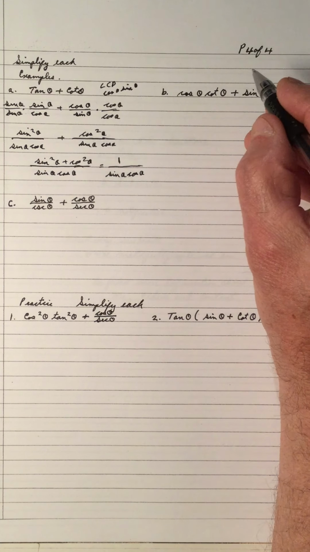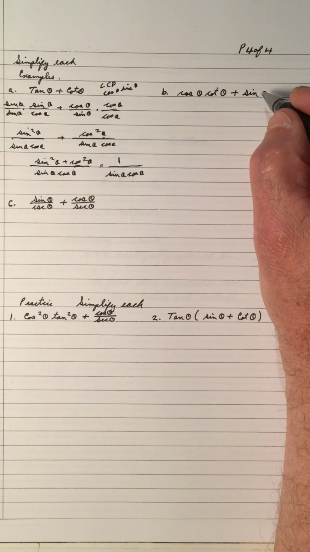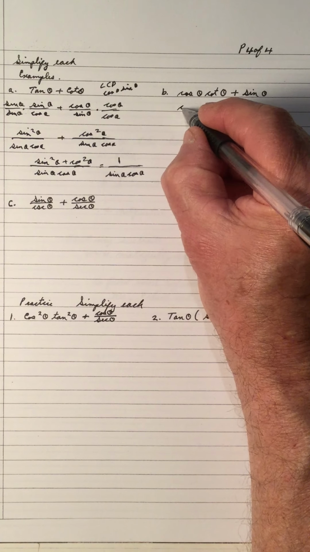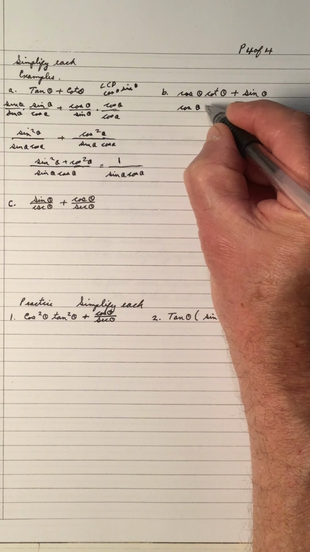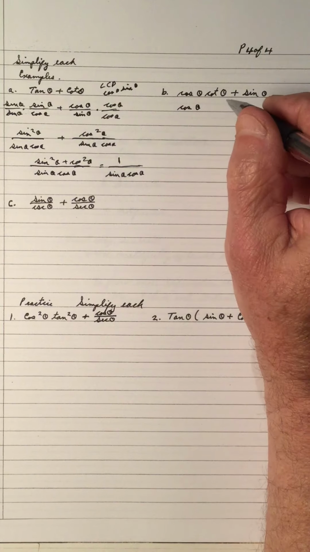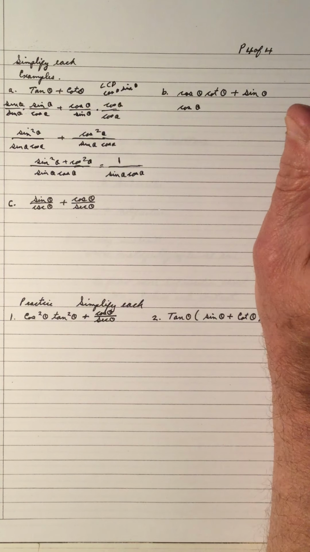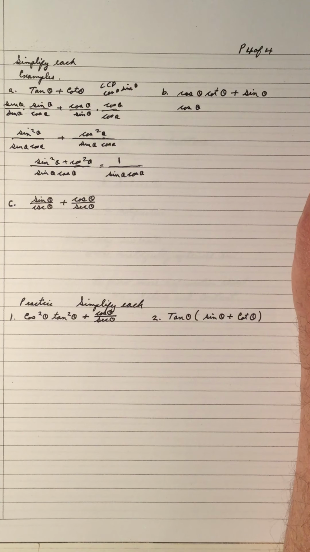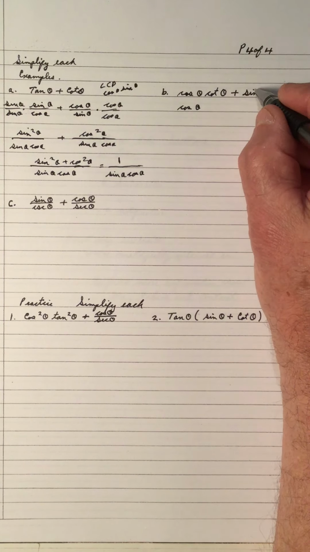B, simplify this. Again, we change cot, tan, secant, cosecant. We change it to cos and sine. Not all the time, but most of the time. Cot is cos over sine.